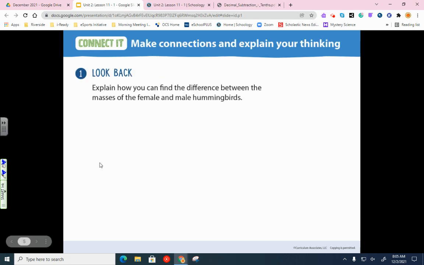Let's turn the page and answer a couple of questions here. Explain how you can find the difference between the masses of the female and the male hummingbirds. Well, we'll just describe what we just did. Line them up by place value.